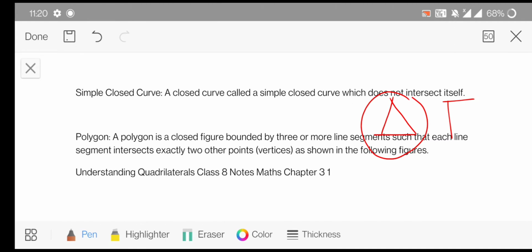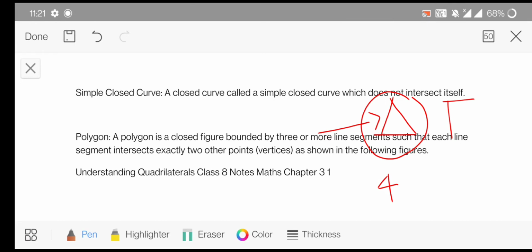And you can name this polygon on the basis of the number of lines. If there are 3 lines, then you can name it a triangle. If there are 4 lines, then you can name it a quadrilateral. So this is the name of our chapter, that is understanding quadrilateral.